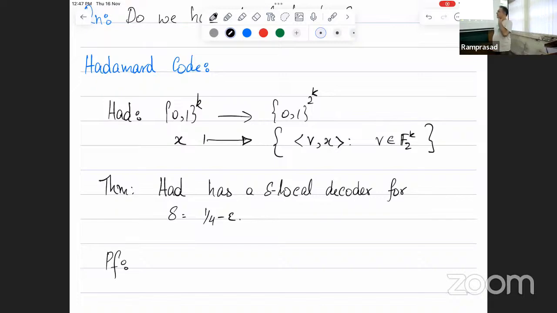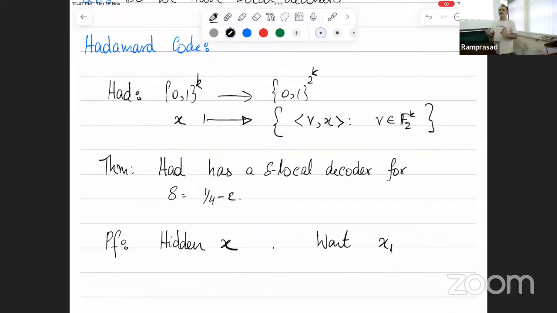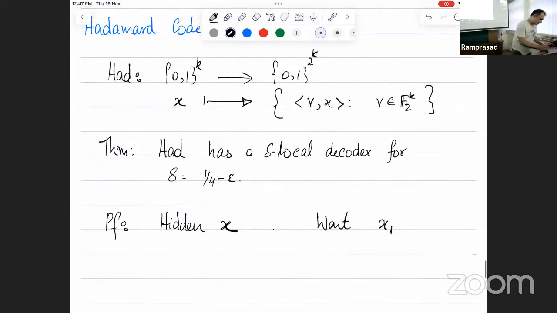And so here is a proof of this. I'm going to state it differently. So there is a hidden input x. Okay. We don't know what message was encoded. And I'm trying to figure out the ith bit of the message. I want the ith bit. Let me, without loss of generality, say I want the first bit of the message. That's what I'm trying to compute.